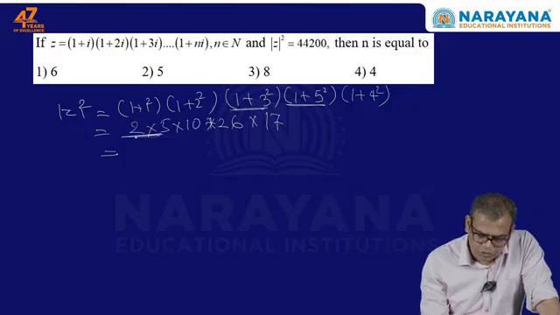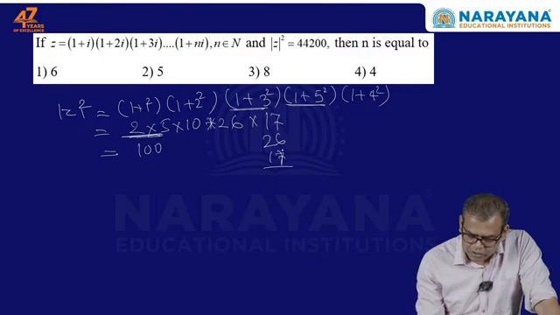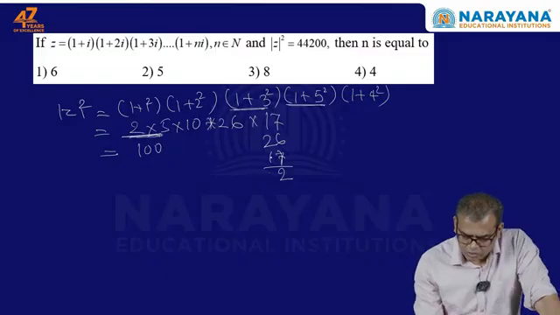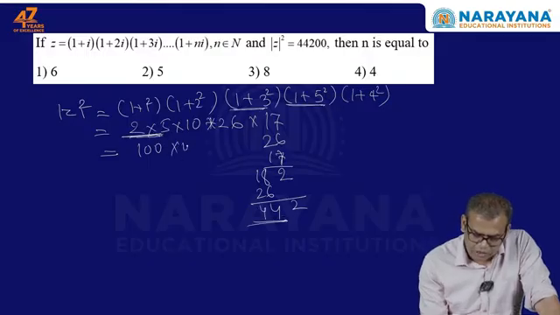So 2 into 5, because here the 2 and 5 are there, 2 into 5 is 10, the 100 already came, and 26 into 17, check the last digit, 2 is coming, 6 into 7 is 42, 4 left, 18, and 26 into 17 is 442, and 2 plus 1 is 3, and 3 plus 1 is 4 is there. Okay, it is done. 442 with double 0 is coming. So the value of n is equal to 5.